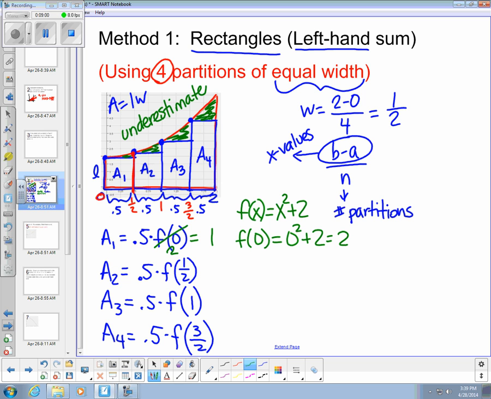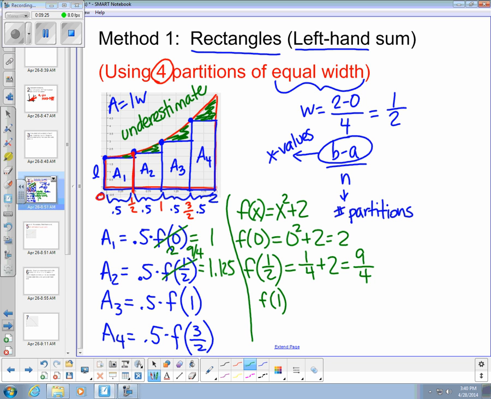Okay, to do f of 1/2, I'm going to plug in the 1/2 into my equation. 1/2 squared is 1/4 plus 2 would equal 9/4. Okay, and then times another 0.5. 9/4 times 0.5 should come out to be 1.125. Okay, plug in 1. 1 squared plus 2 is going to come out to be 3.